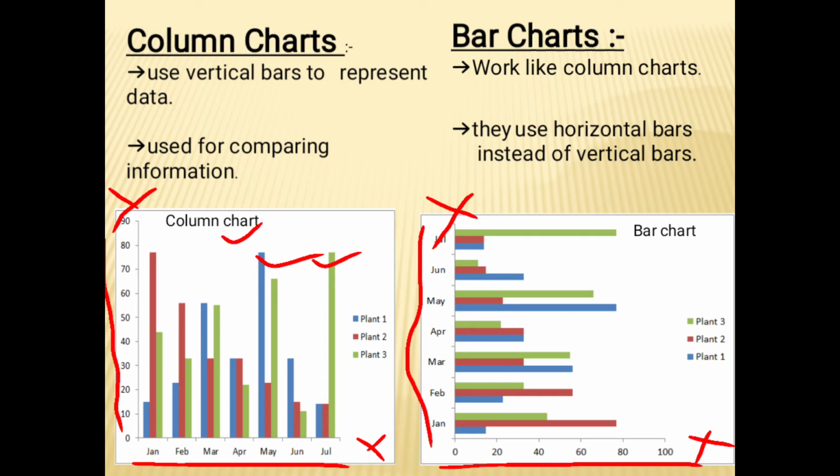You get horizontal bars. These are the differences between column chart and bar chart. What is the common similarity of these two charts? Column charts and bar charts are commonly used for comparing information or comparing data.